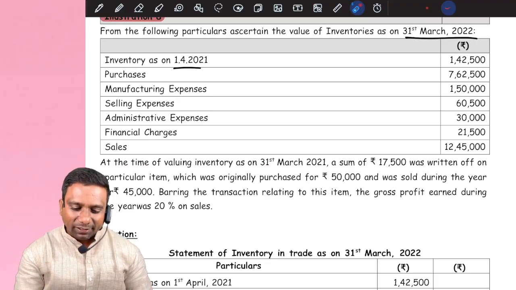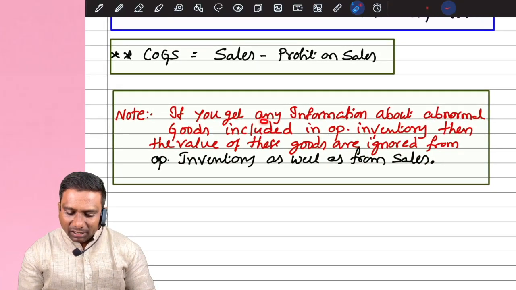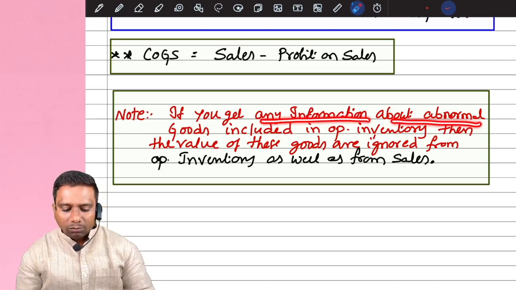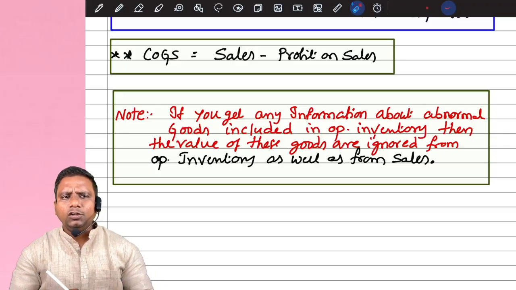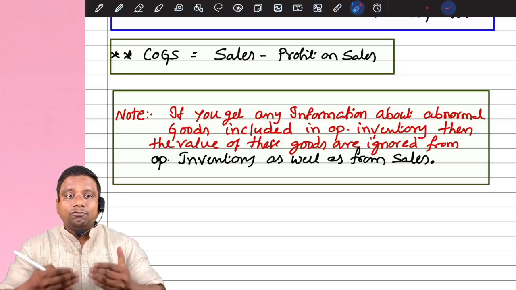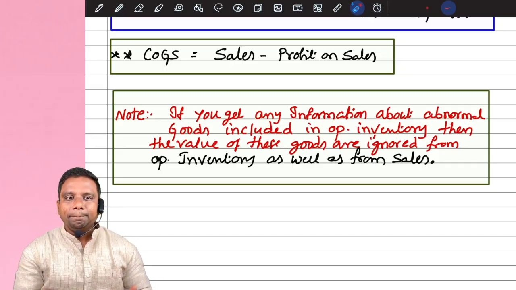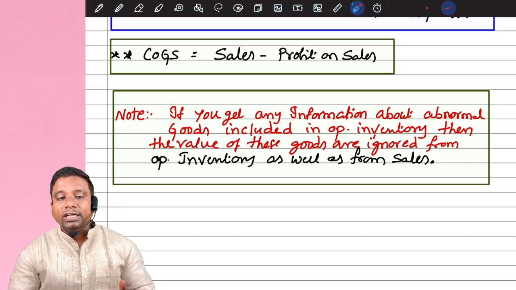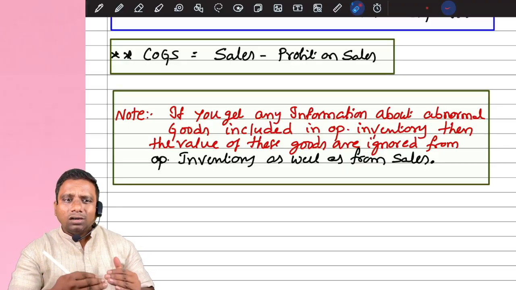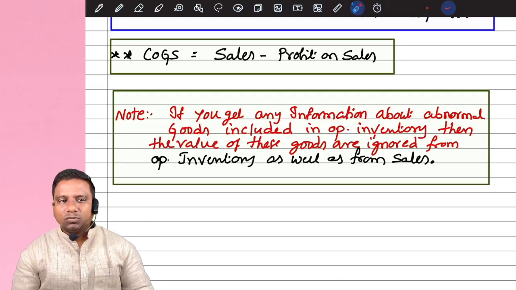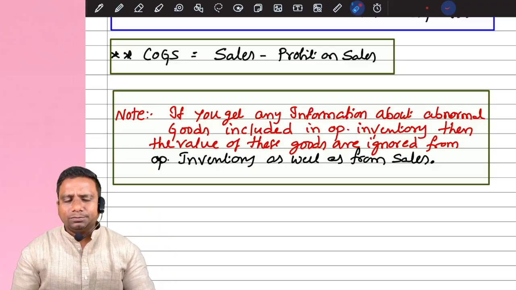That's it. Simple technique. But here very important note point is, if you get any information about abnormal goods. What is that? Suppose at the time of valuation of inventory, sometimes we value some goods which are defective or which are not sold at its original cost or selling price. Some goods sometimes they become defective.